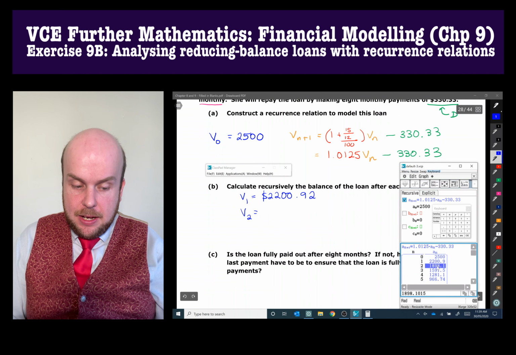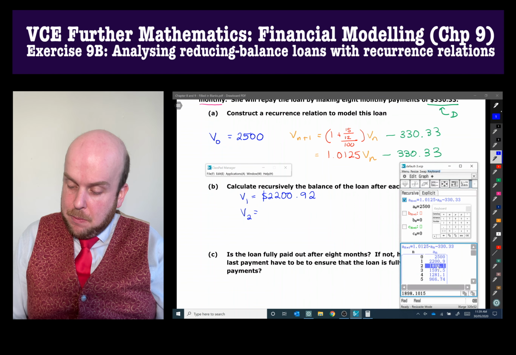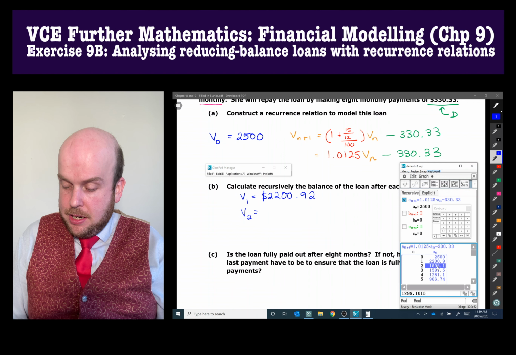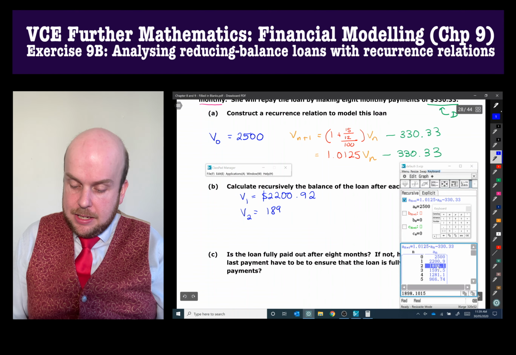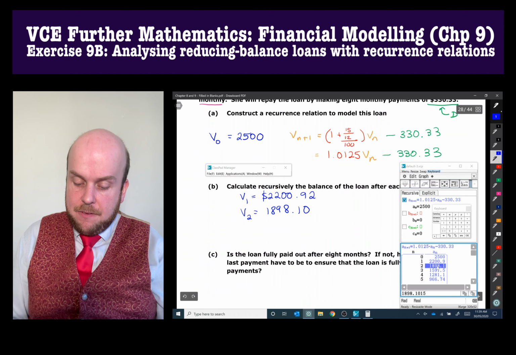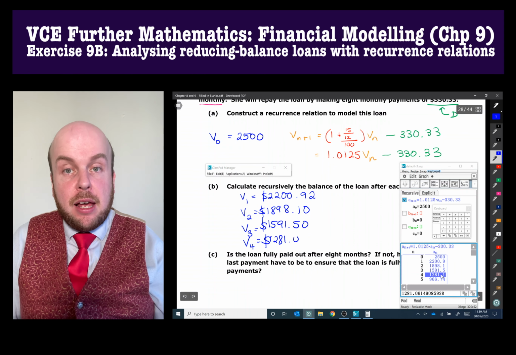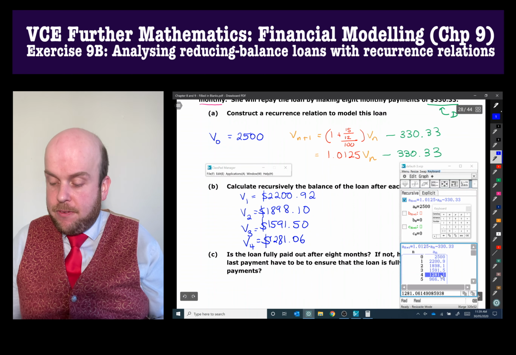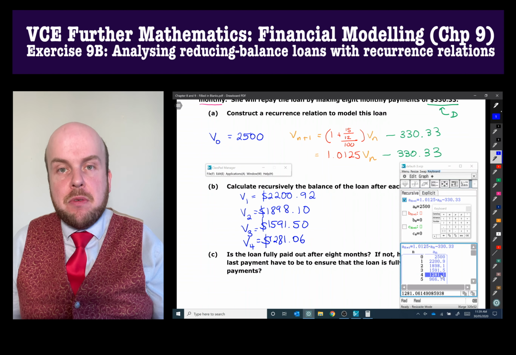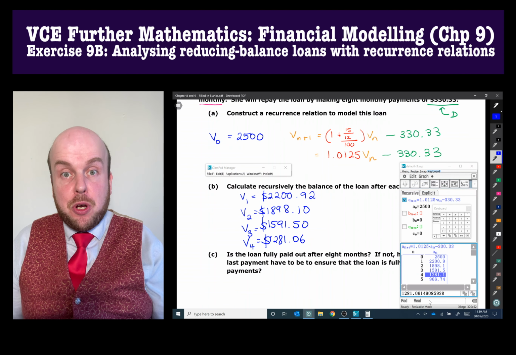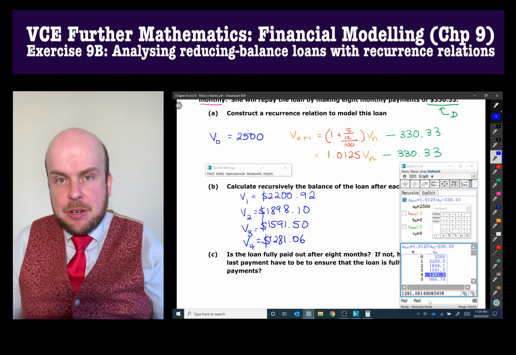The second one here is worth $1,898.10. Now, I like to reiterate, it's very important to check the unrounded figure, otherwise you could be writing an entirely inaccurate sum.